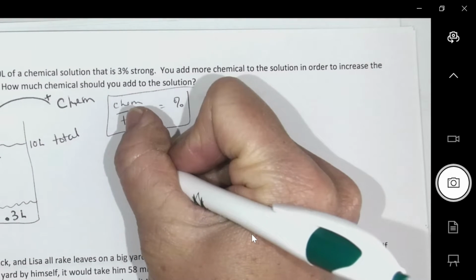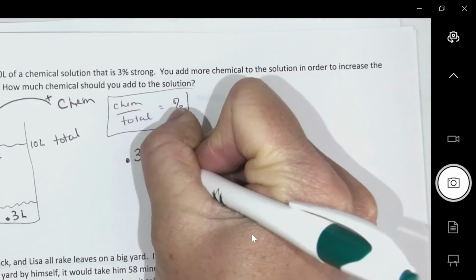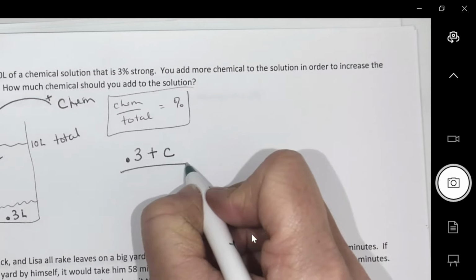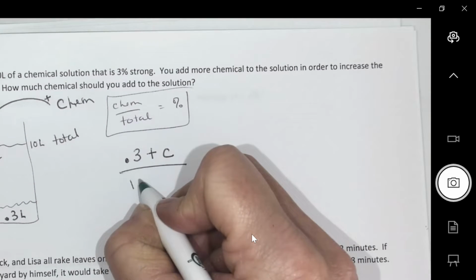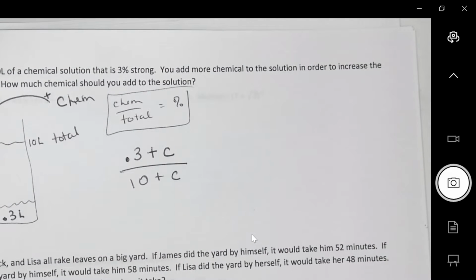So the chemical started with 0.3, then I added more. The total fluid started at 10, but I added more fluid. It doesn't matter what fluid you're adding, water or chemical, it's just fluid.